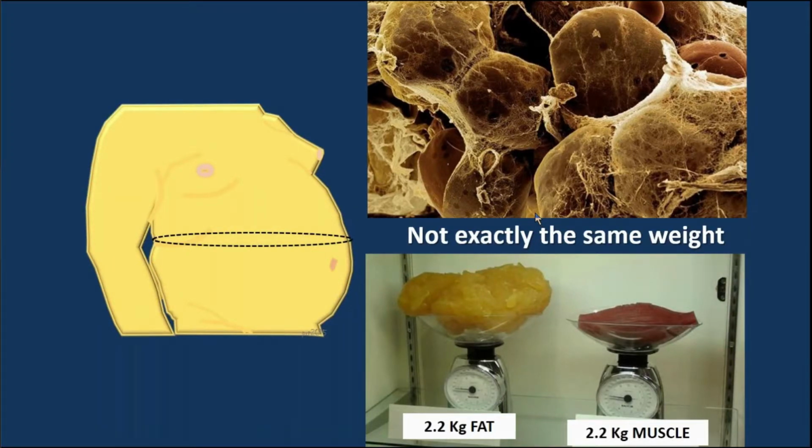This is a kind of endocrine tissue, totally different from the same weight of striated muscle. This is a very active endocrine tissue.